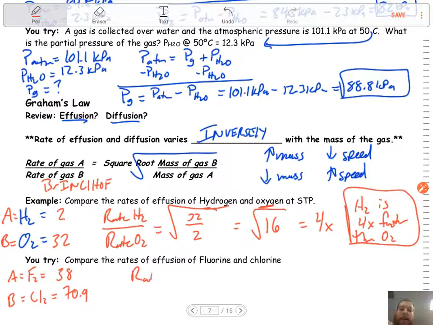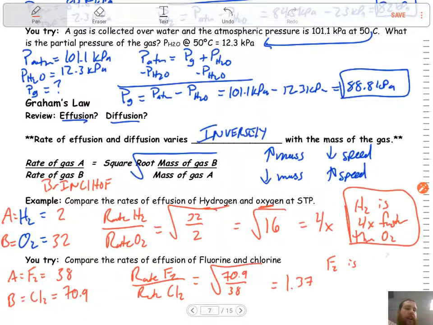So I'm going to say the rate of fluorine to the rate of chlorine will be the square root of 70.9 divided by 38. When you do that, you should get an answer of about 1.37. And so again, final answer, I would say F2 effuses 1.37 times faster than chlorine.